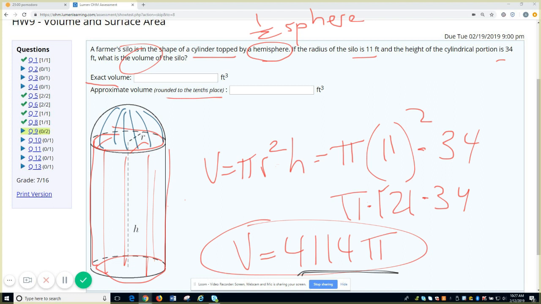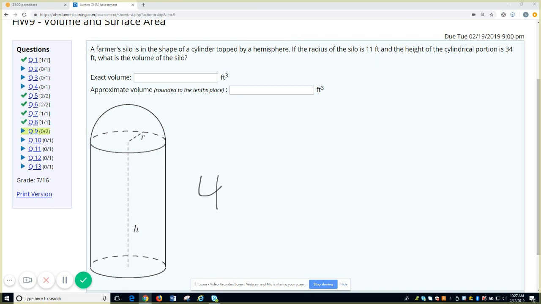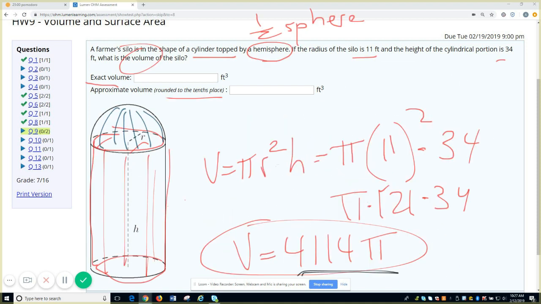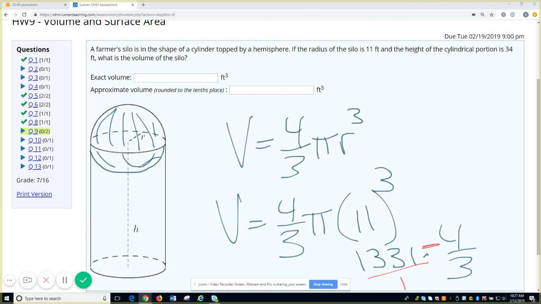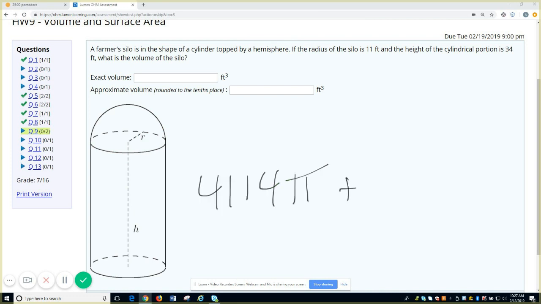So 4,114 pi was the volume of the cylindrical part, and 2,662 over 3 pi was the volume of the hemisphere.